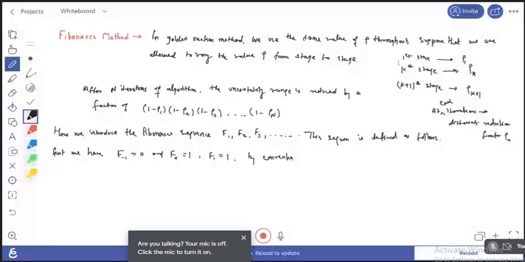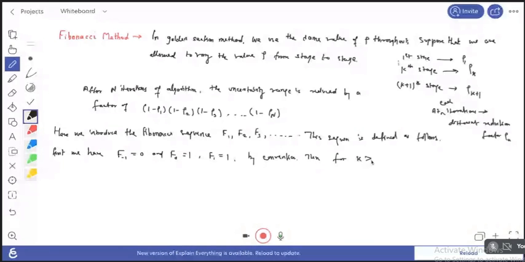Then for any k greater than or equal to 0, F of k plus 1 is defined as Fk plus F of k minus 1.